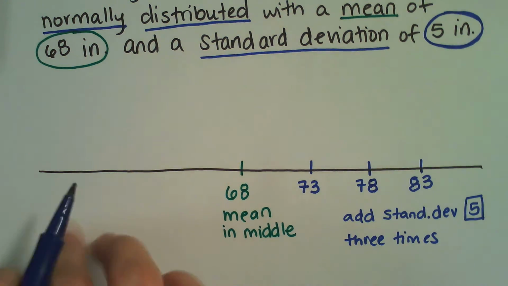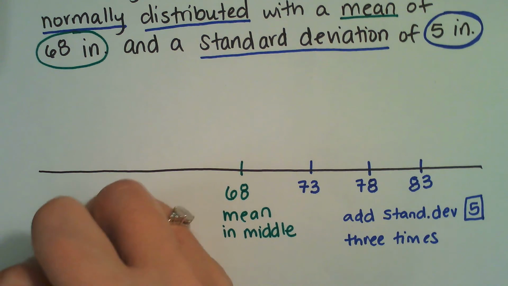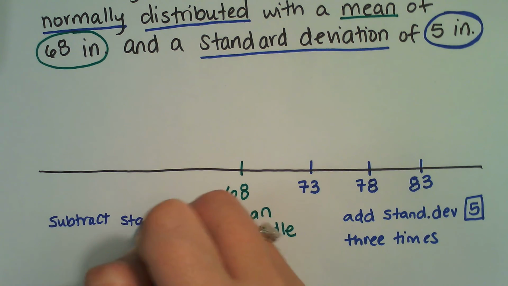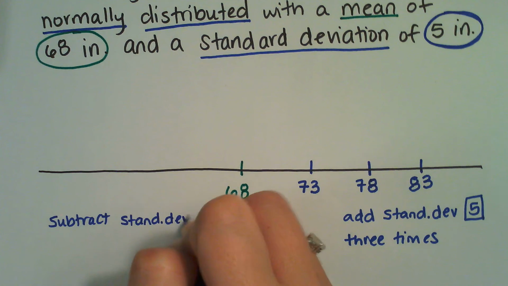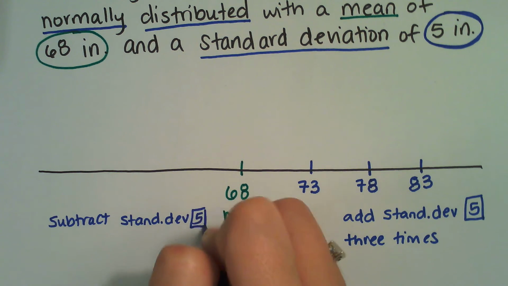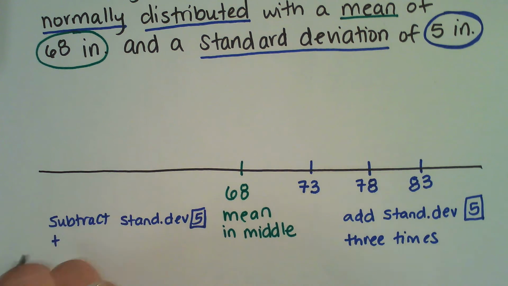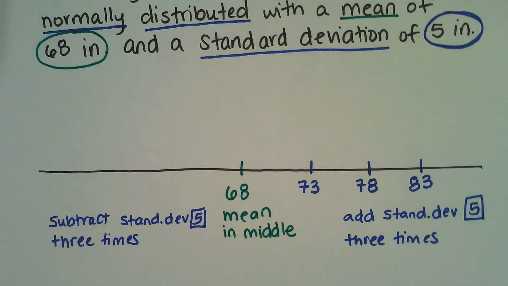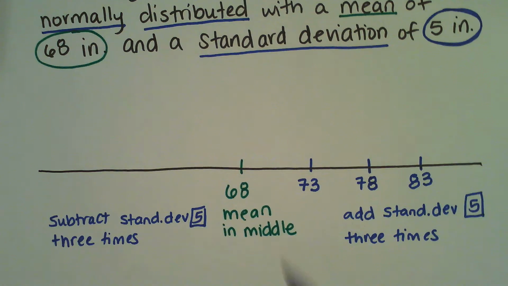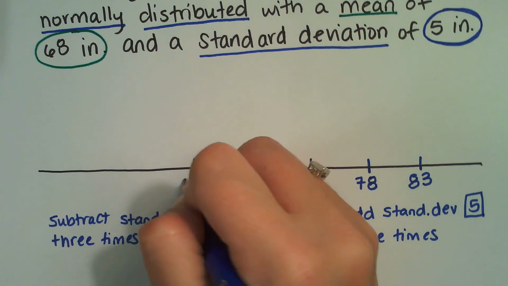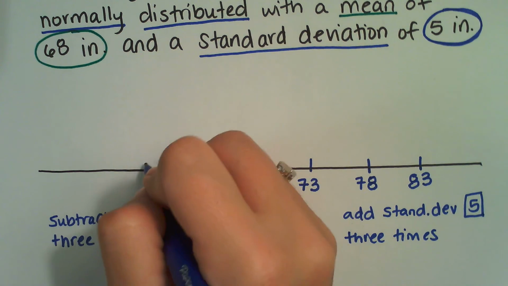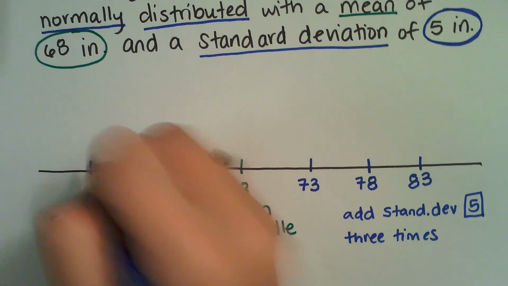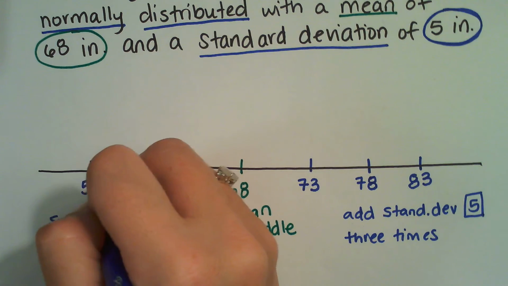In addition to that, we're also going to subtract the standard deviation three times to the left. So 68 minus 5 is 63. Minus 5 is 58. Minus 5 is 53.